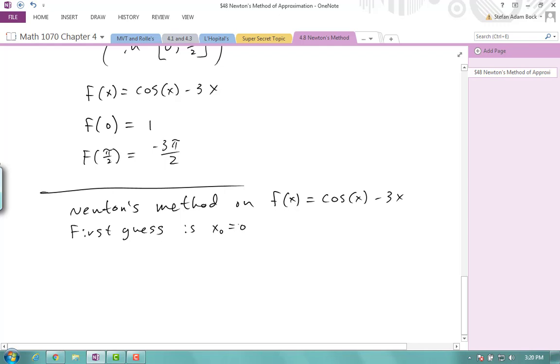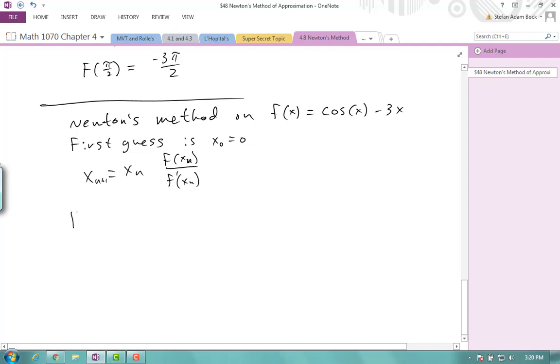Then I just run through that little algorithm I had. I have x sub n plus 1 equals x sub n minus f of x sub n all over f prime of x sub n. So let's set this up. My function is cosine of x minus 3x, so my derivative is negative sine of x minus 3.